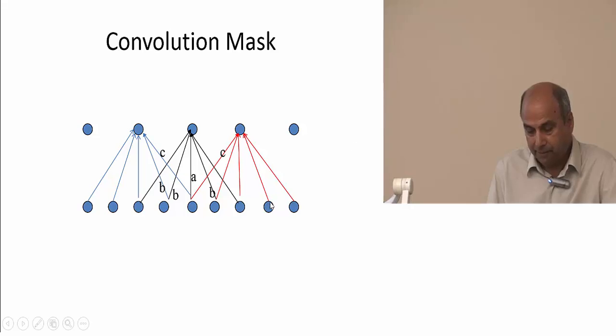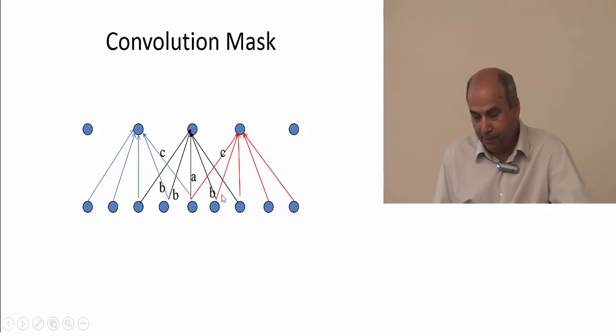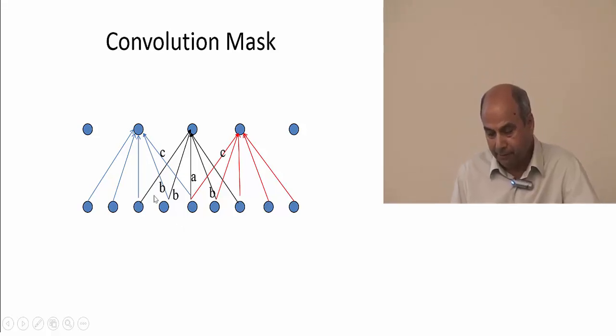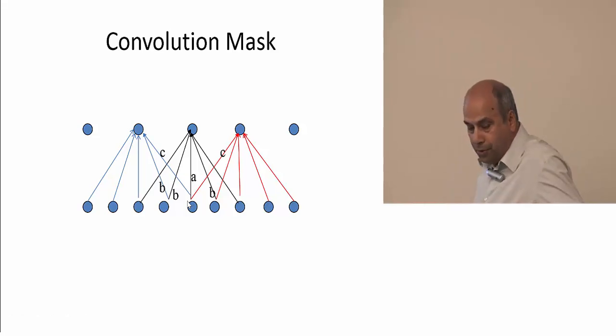These are the weights. For example, this one will have A, B, and C, and B, C for this pixel. These are the 5 weights: A, B from here, C from here, B from here, C from here. For this pixel, A from here, B from here, C from here. For this pixel, A from here, B from here, C from here. That's the way it's going to work.